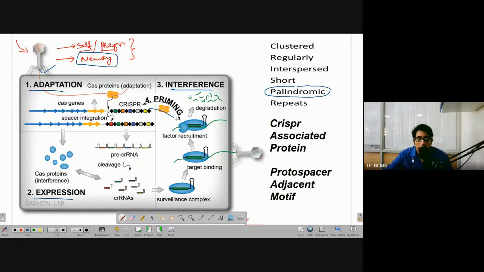Now let's try to have a look at the molecular steps. And please remember that if we just discuss CRISPR and all the ways that it is characterized, it will take a lot of time and it's beyond scope. But I just want you to understand or actually appreciate and enjoy the way CRISPR works.